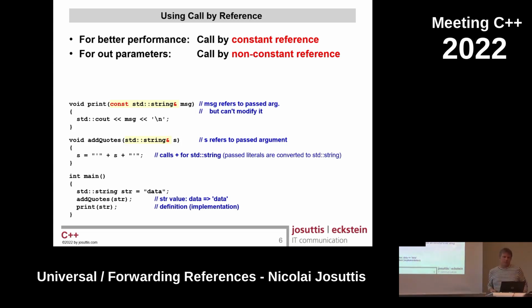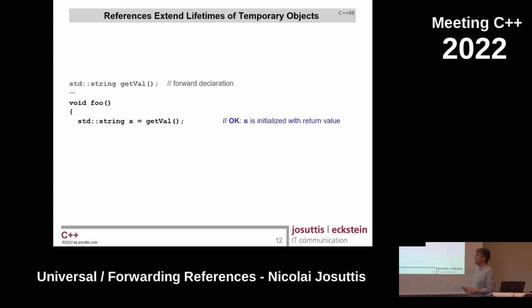As a const reference, we just want to skip copying. We want to avoid copying. And as a non-const reference, we might want to change the argument. So it's an out or in-out parameter in that case. So I think I don't have to tell you the details. You know all that.